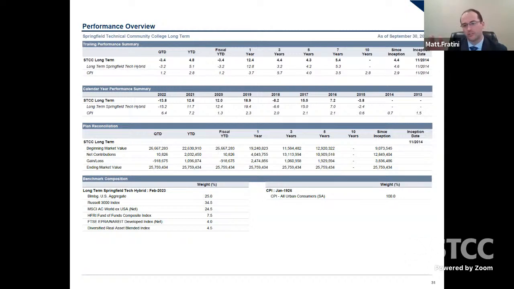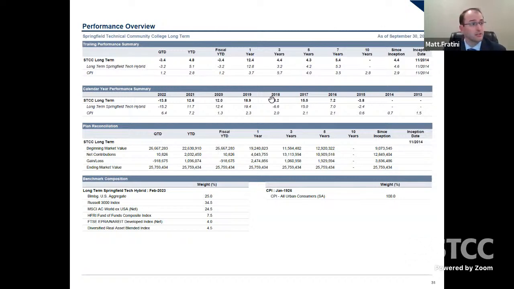And as we transition to longer dated time frames, you can see on the 1 year portfolio is up 12.8%, slightly trailing the blended benchmark at 12.8. But as we go over, you can see some consistent outperformance versus the blended benchmark on the 3 and the 5 year. On the 3 year, the portfolio is up 1.2% over the blended benchmark. So nice performance overall there.